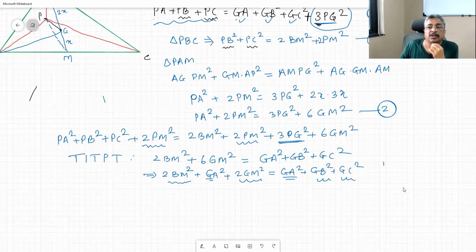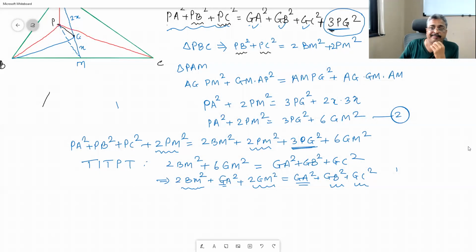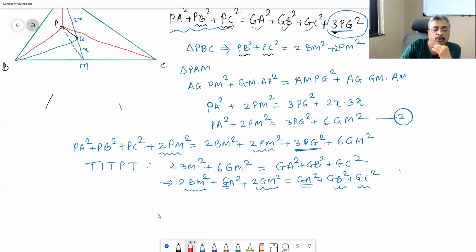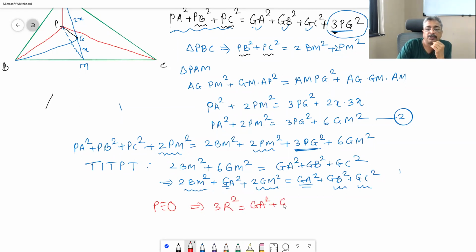If P coincides with O, then the LHS is 3R square, and it will be equal to GA square plus GB square plus GC square plus, with P coincident with O, OG square.